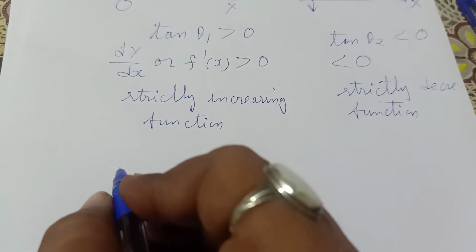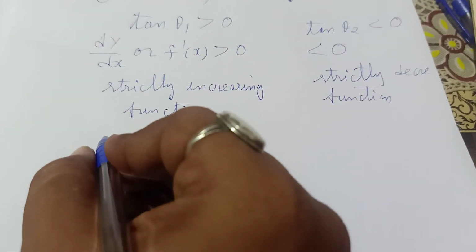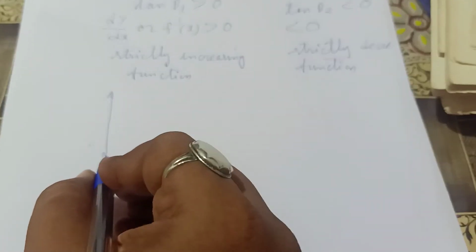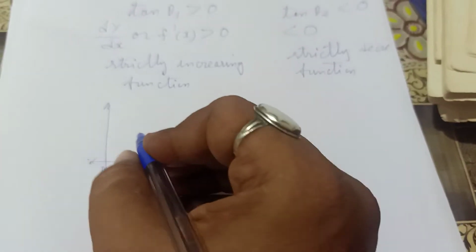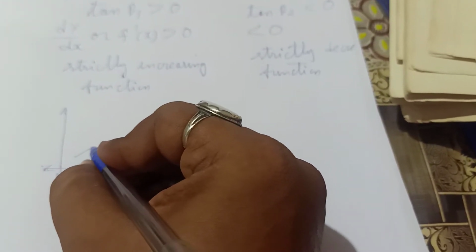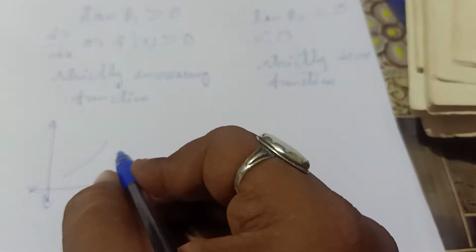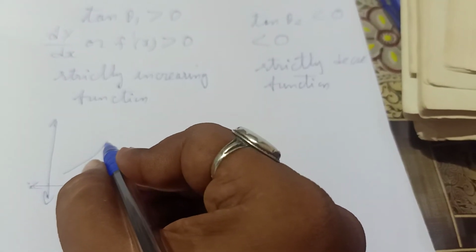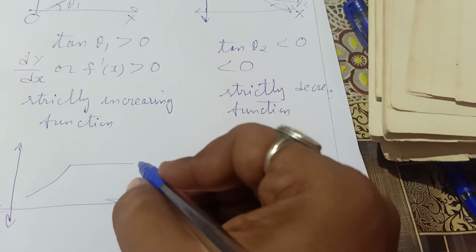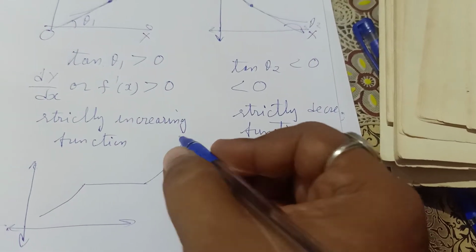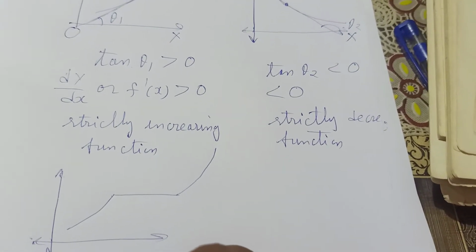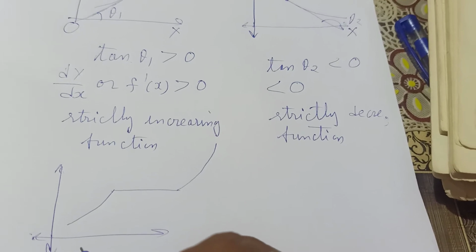Now next, sometimes the graph may be like this also. Initially it increases, then it goes parallel to the x-axis like this, and then again it increases. Now what will be the sign of f dash for this function?